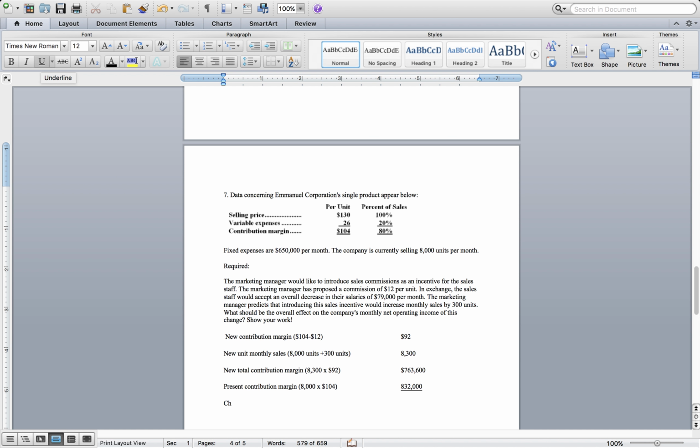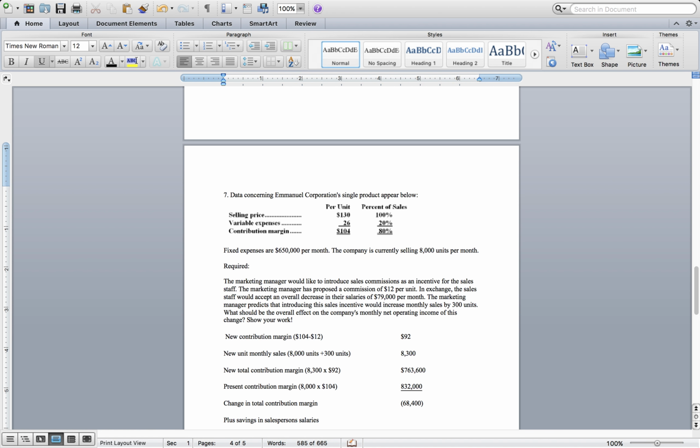Then calculate the change in total contribution margin. We get a difference there, a decrease of 68,400. But the last thing we have to do is add the savings in salesperson salaries.